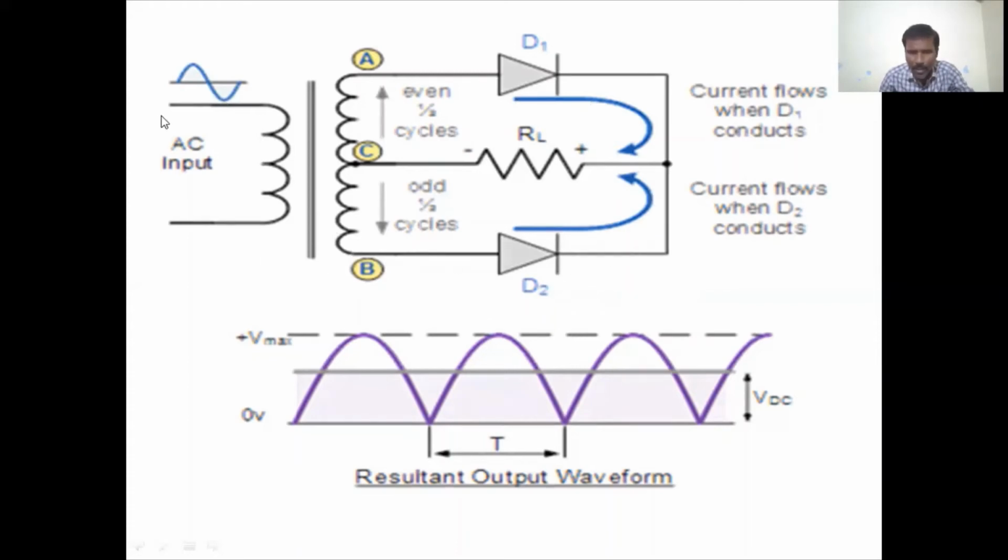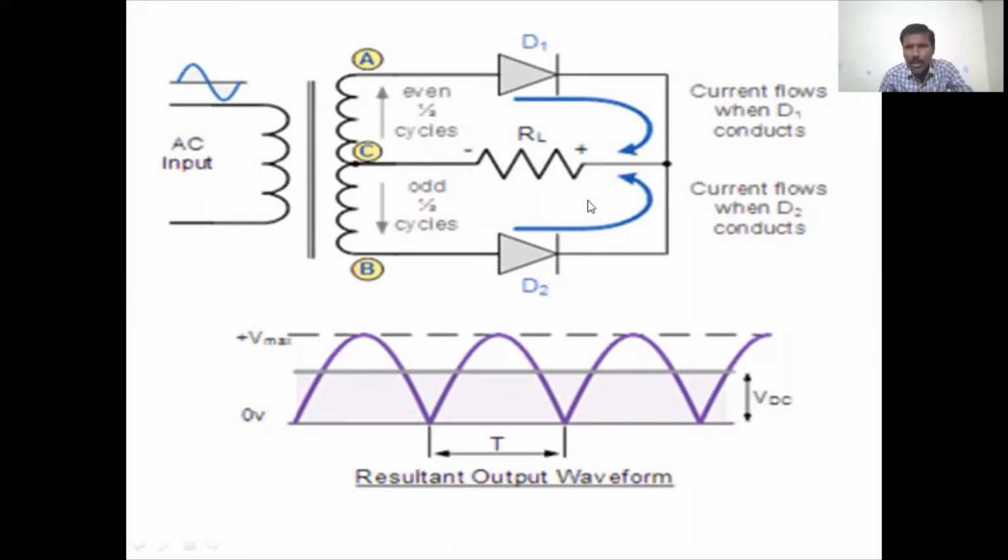Further, in the next cycle, the negative half cycle is tapped towards diode D1, then it is reverse biased and no current flows through D1. Then the positive half cycle is tapped towards diode D2, which is forward biased and conducts, and the output is collected at the load resistor RL.